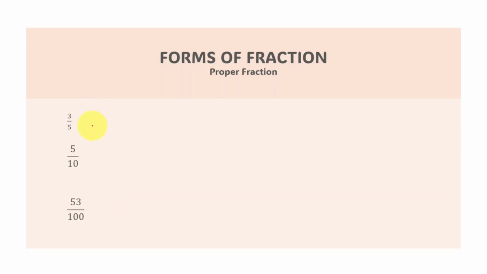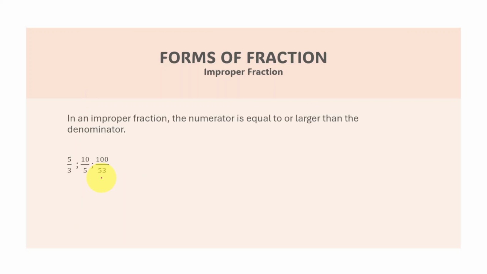So when you look at the proper fraction, the top is less, the bottom one is bigger. All right. But when we look at an improper fraction, you're gonna see the top is bigger, the bottom smaller.